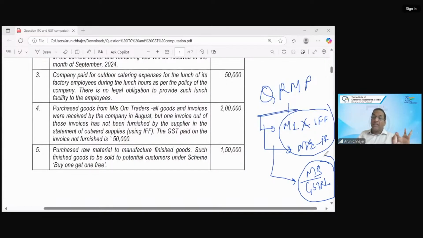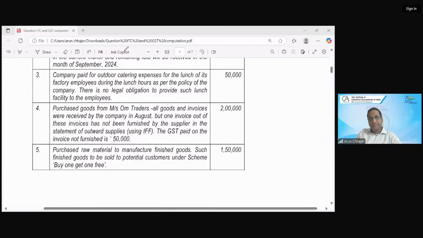Last question, what is the biggest advantage of IFF? From the ITC perspective, what is the biggest advantage?